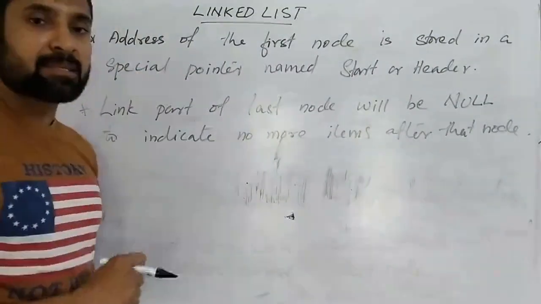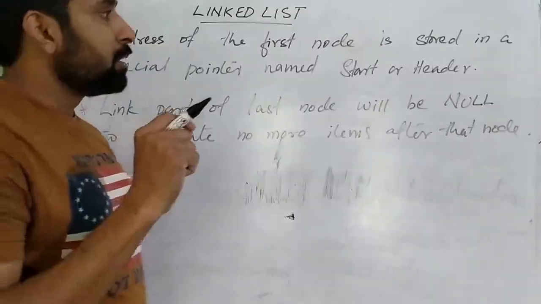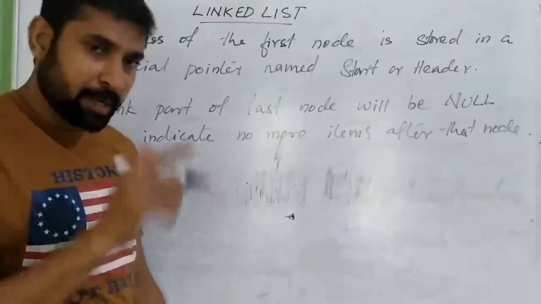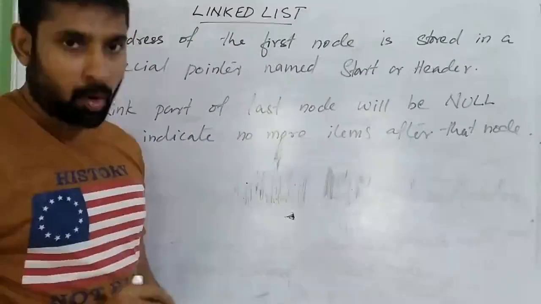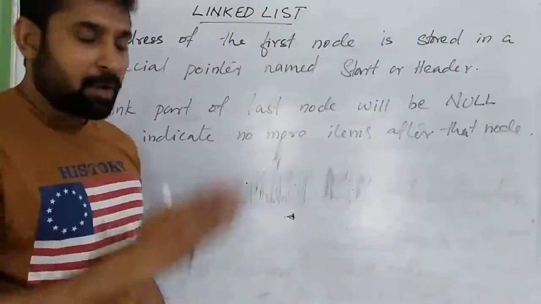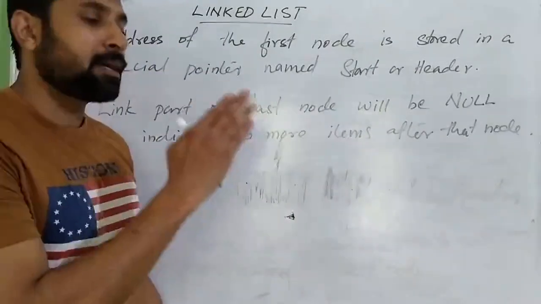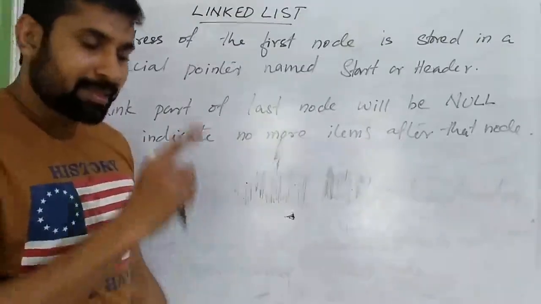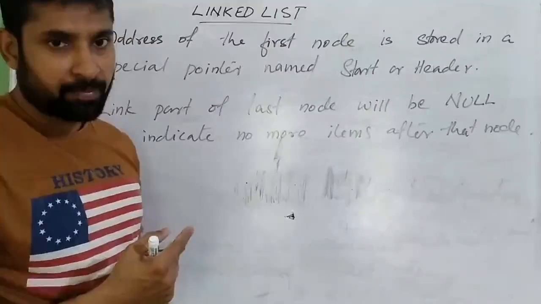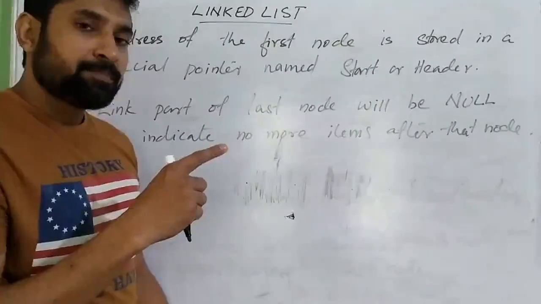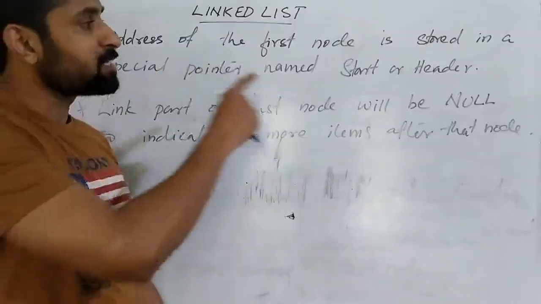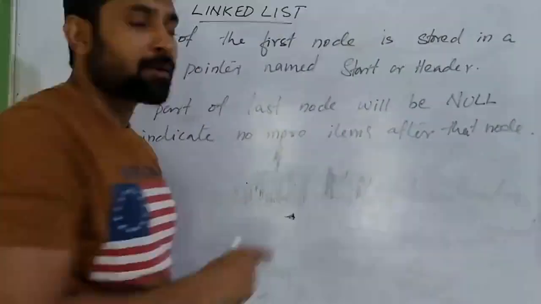A linked list is a list of linked nodes. A node is a memory block. That memory block has two parts. First part is the data part and second part is the link part. The link part stores the address of the next node, and the address of the first node is stored in a special pointer called start or header.